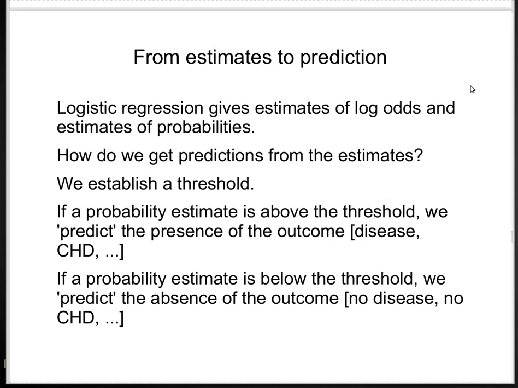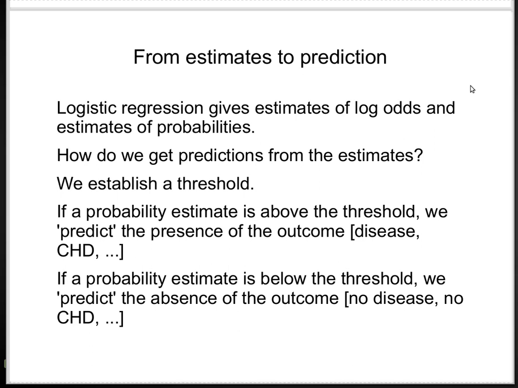So logistic regression gives us estimates of log odds and estimates of probabilities. Now we could ask, okay, how do I go from these estimates of probabilities to a prediction? Well, the prediction might be, yes, a person might well have disease in the future, or the prediction might be, no, they don't. In other words, we're going from a probability estimate to a 0 or a 1. No, they don't. Yes, they do.